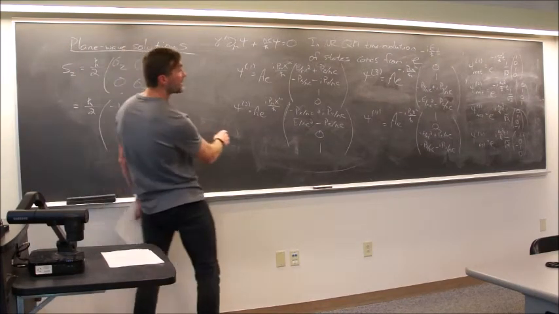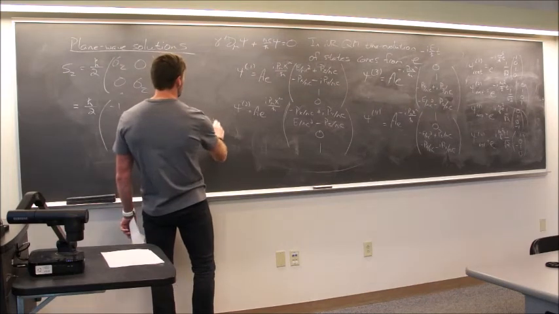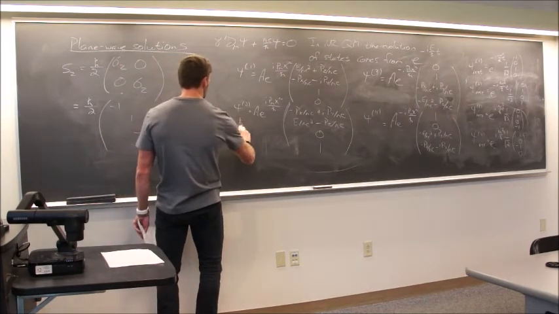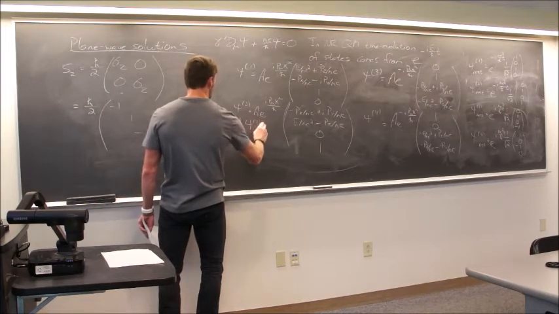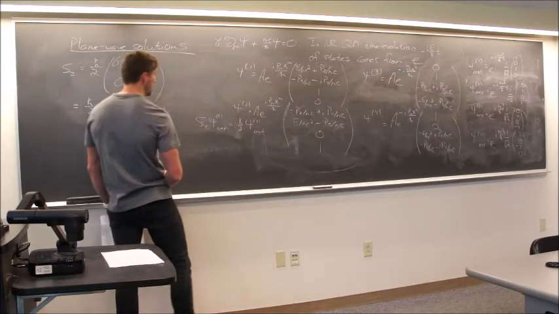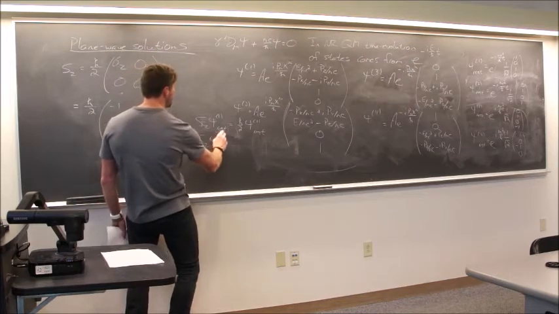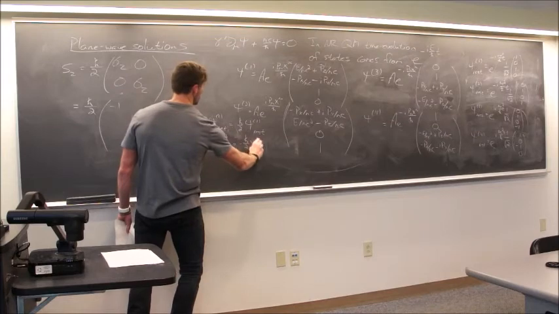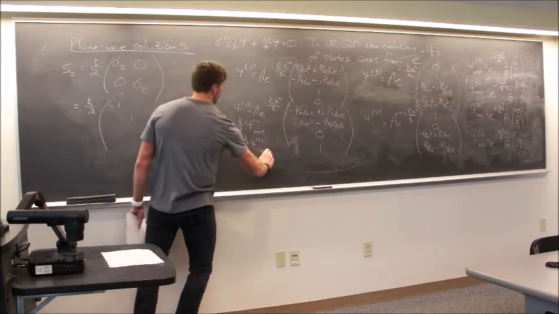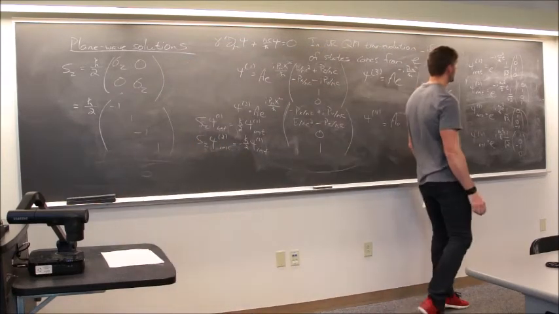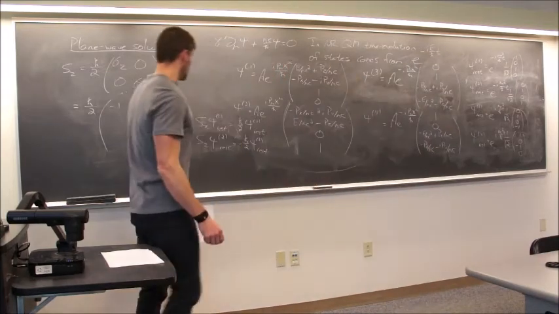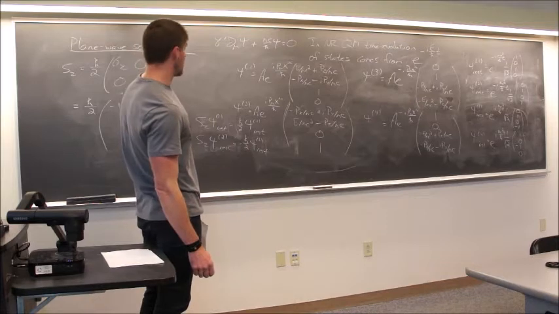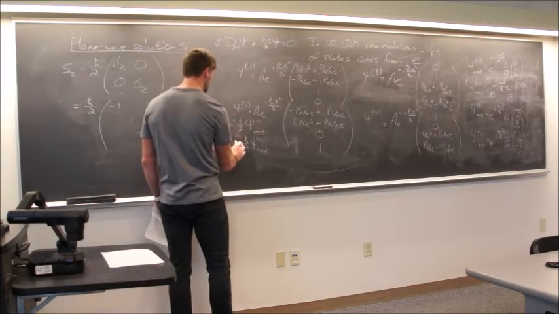So what we find is that S_z on psi 1 rest equals h bar over 2 psi 1 rest, and similarly S_z on psi 2 rest equals minus h bar over 2 psi 2 rest. Everybody see that? The first one should be negative, the second one should be positive. Yeah, exactly. Thank you.